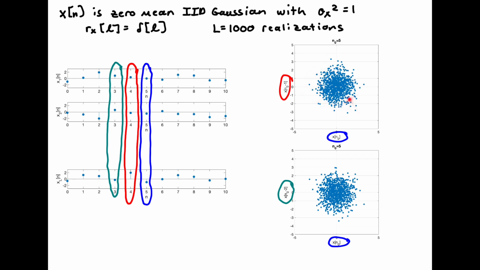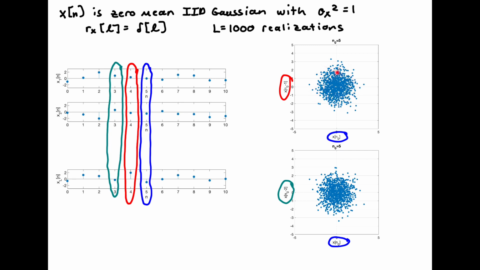And so we get this sort of circular scatter plot, which is what we would expect because these points are uncorrelated from one another. This is IID; if they're independent, they're definitely uncorrelated. And they're Gaussian, so we expect this sort of circular plot. And we could draw an ellipse on here, and this ellipse would be a circle in this case.